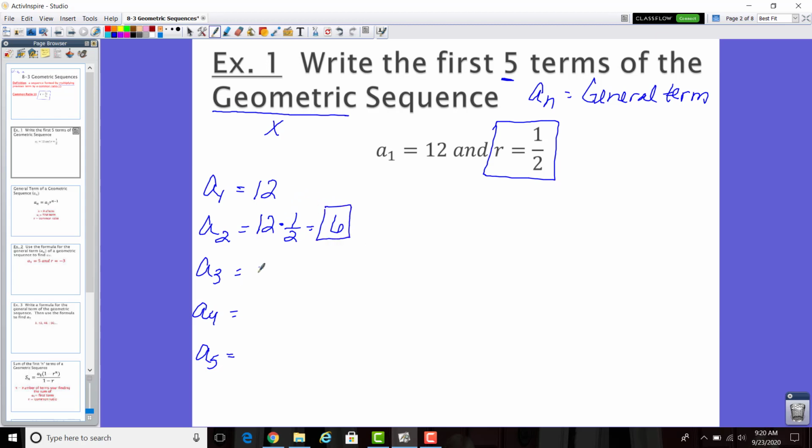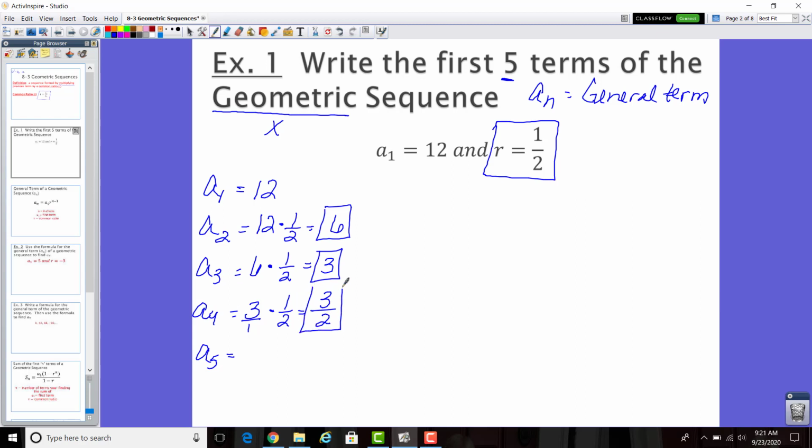So if our second term is 6, our third term will take the previous term of 6 and again multiply it by 1/2, which equals 3. And we will continue that pattern of taking the previous term and multiplying it by the common ratio of 1/2. Now 3 times 1/2, remember 3 is over 1, can be made a fraction, and when we multiply fractions, we multiply the numerators and multiply the denominators.